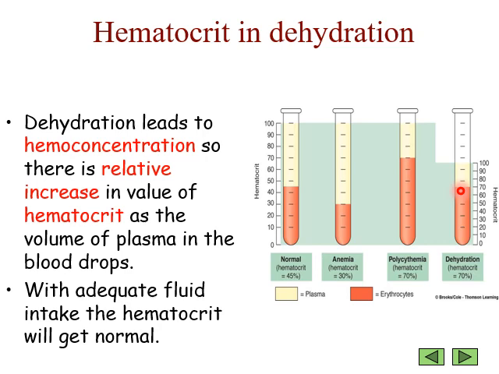Relative increase का क्या मतलब हुआ कि in proportion कि प्लाज्मा वॉल्यूम ड्रॉप हुआ, इसकी वजह से हेमाटोक्रिट और आरबीसी काउंट आपको ज्यादा मिल रहा है, बट एक्चुअली इन द बॉडी नंबर ऑफ द आरबीसीज इन द बॉडी इज नॉट इंक्रीजिंग, ठीक है? वो सिर्फ कंसंट्रेटेड हो गए हैं. इस वजह से यू विल गेट हाई आरबीसी काउंट इन डिहाइड्रेशन एंड यू विल गेट हाई हेमाटोक्रिट when you will measure it, but actually in the body it remains the same, ठीक है? आपके number of RBCs in the body will remain the same.